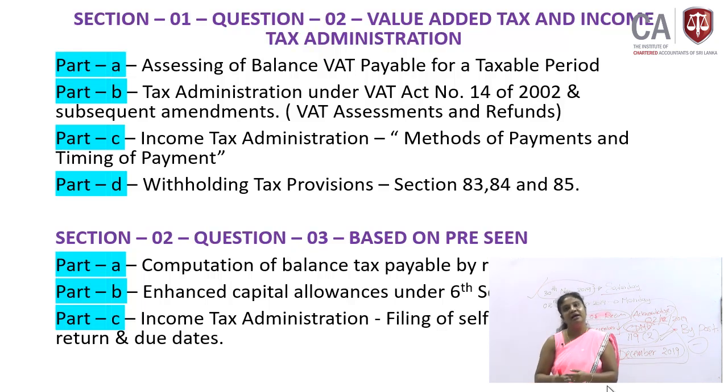We have done that. And part C, to finish off, income tax administration and filing of the self-assessment tax return and the due date. This is the main focus of the revision session under the webinar series.